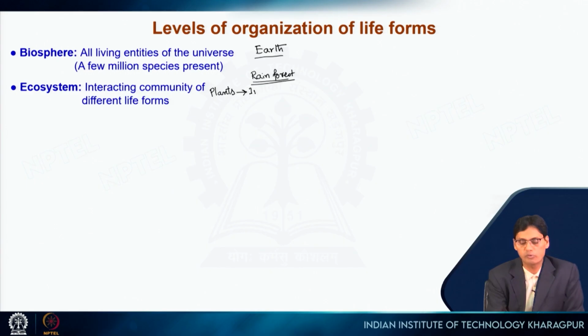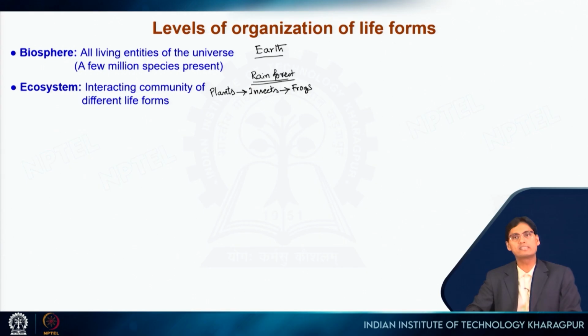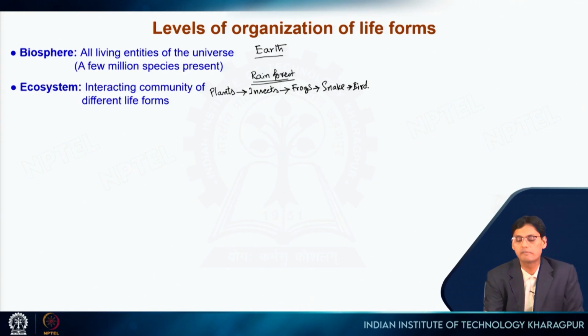Now insects, and then other animals, for example frogs, can depend on insects, followed by snakes and birds. All those living entities depend on each other, and at the end they will die at some time point.